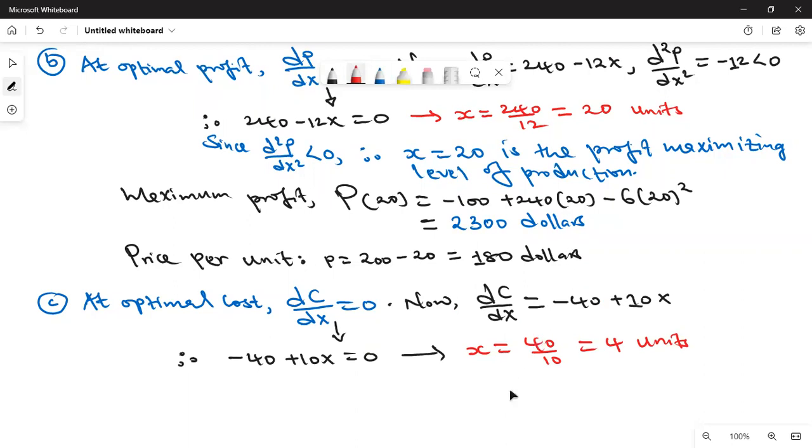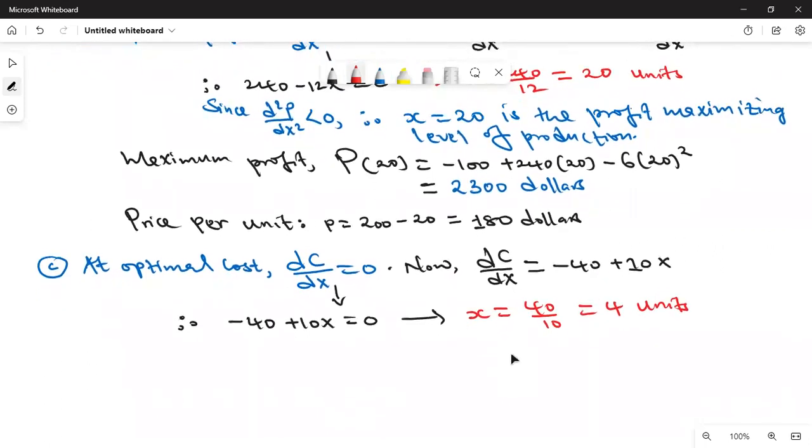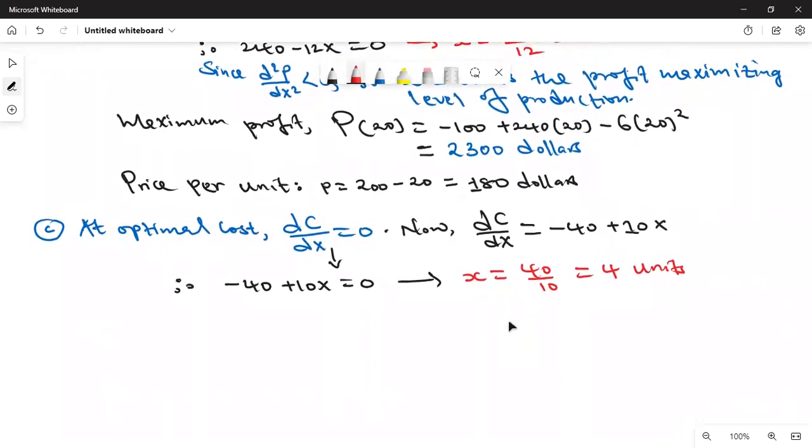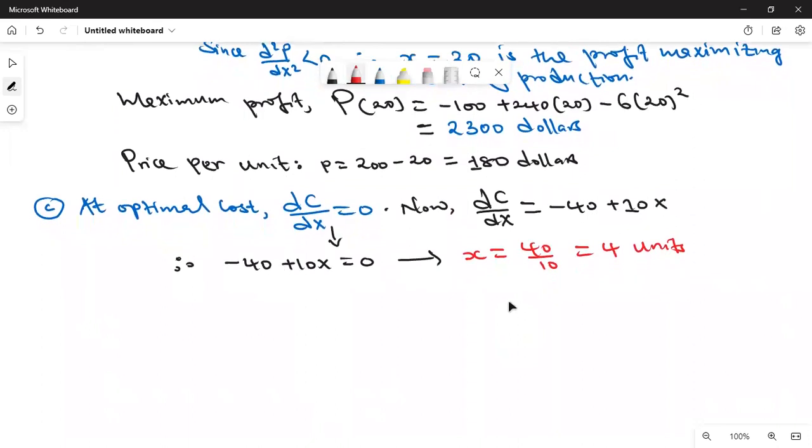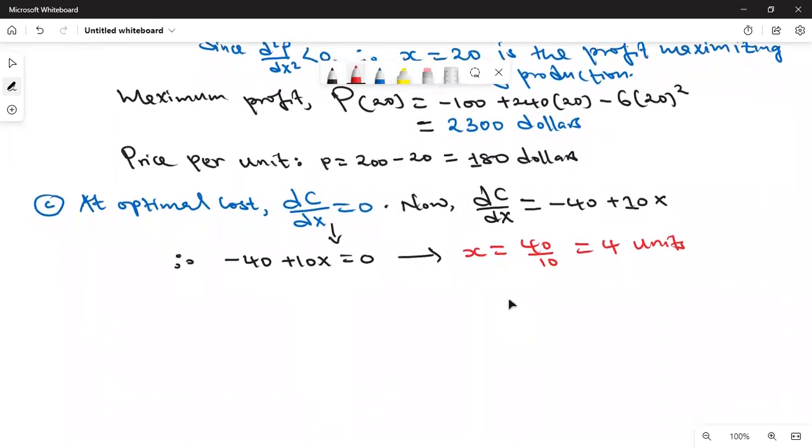But we don't know whether truly that will be the cost minimizing level of production unless we test this using the second derivative test. So I'm going to get the second derivative of c, d squared c with respect to x twice. That will give us 10. And you see 10 is greater than 0.